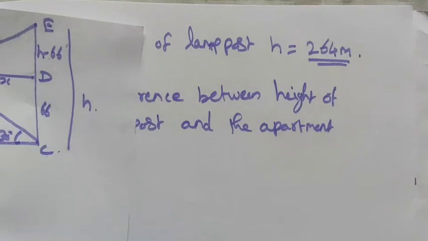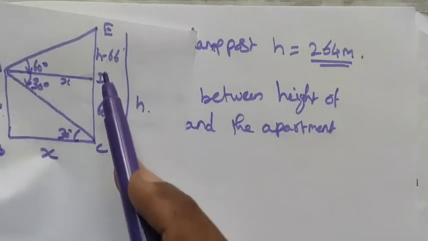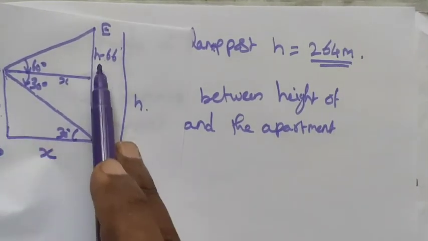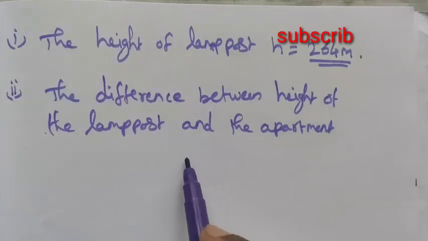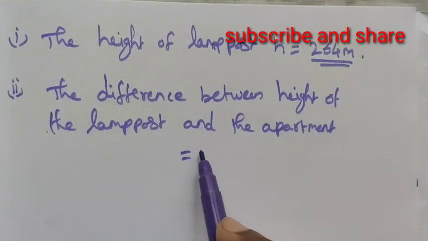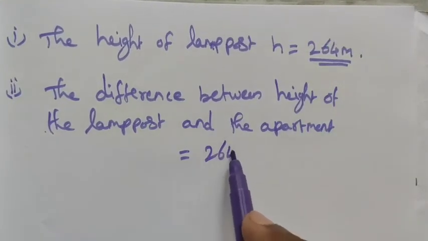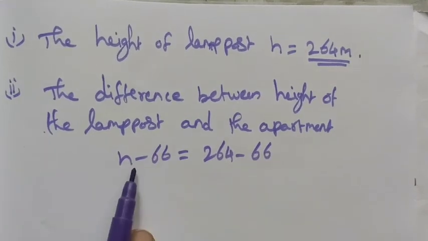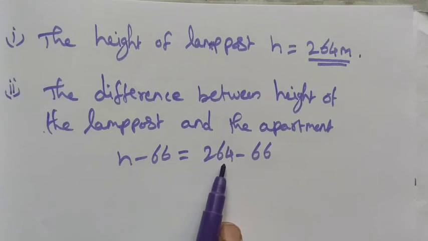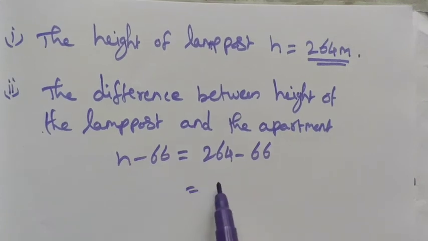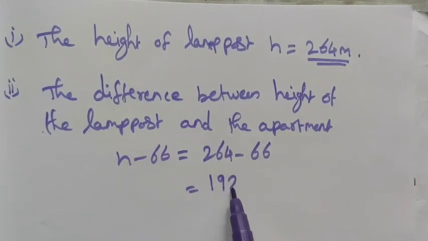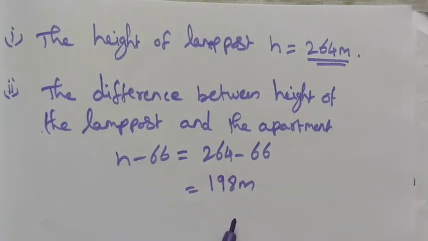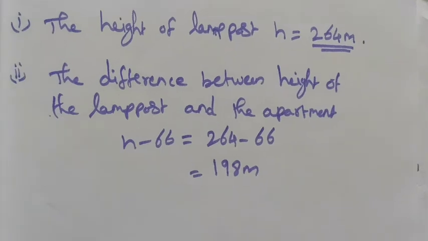That is H minus 66, which is 264 minus 66. When we subtract, we get 198 meters as the height difference between the lamp post and the apartment.